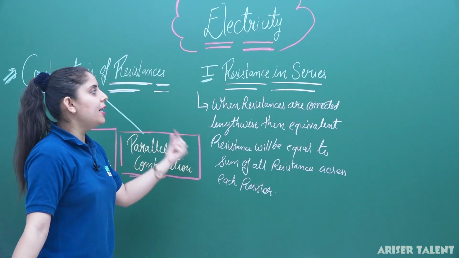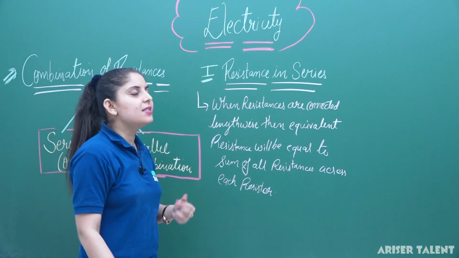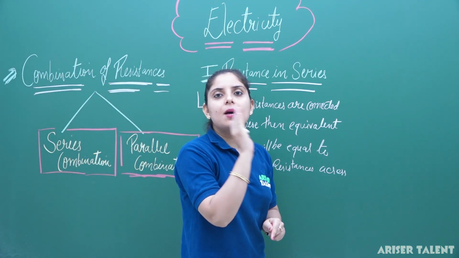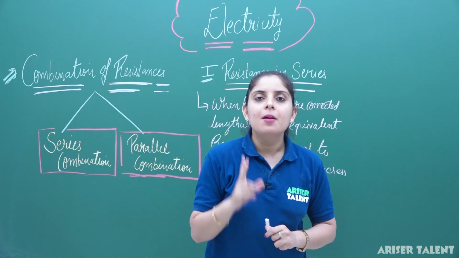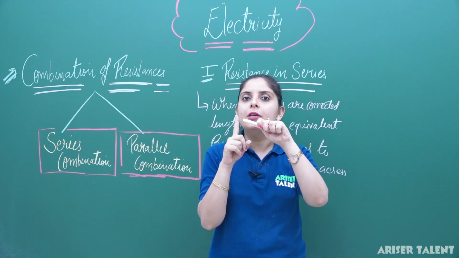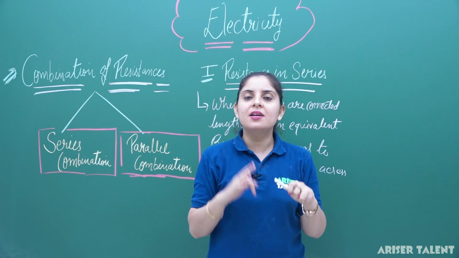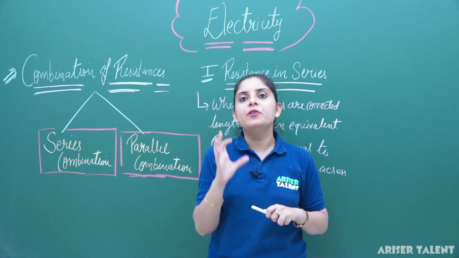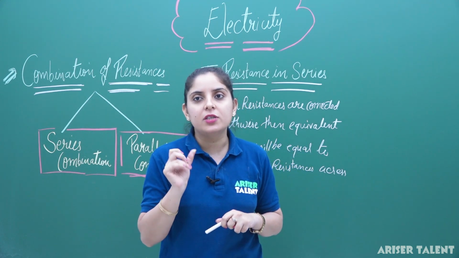It means the total or series resistance will be equal to the sum of all the resistances in the circuit. But you have to remember two points about this. First, the current is the same in all resistors, and second, the potential difference is different across each resistor.